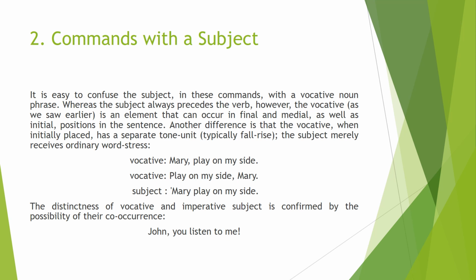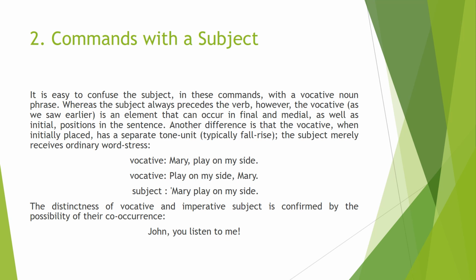So if you look at these examples, you are going to easily differentiate between sentences with a vocative and commands with a subject. For example, Mary, play on my side. You see here we said, Mary, play on my side. So first of all, we say the name of the person who we are calling, or we are trying to get his or her attention.